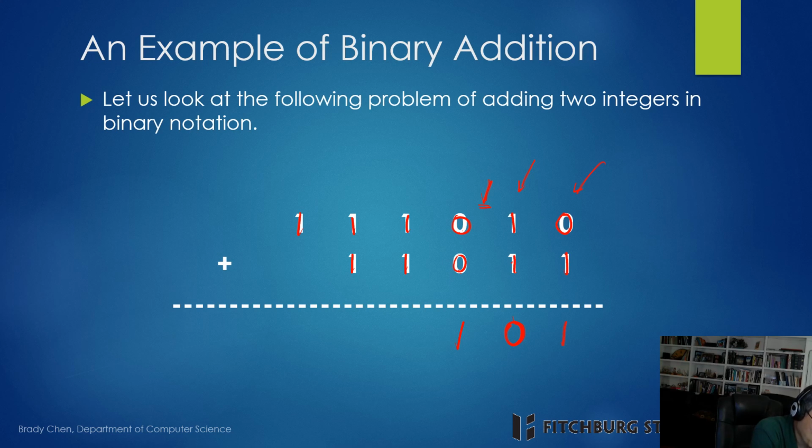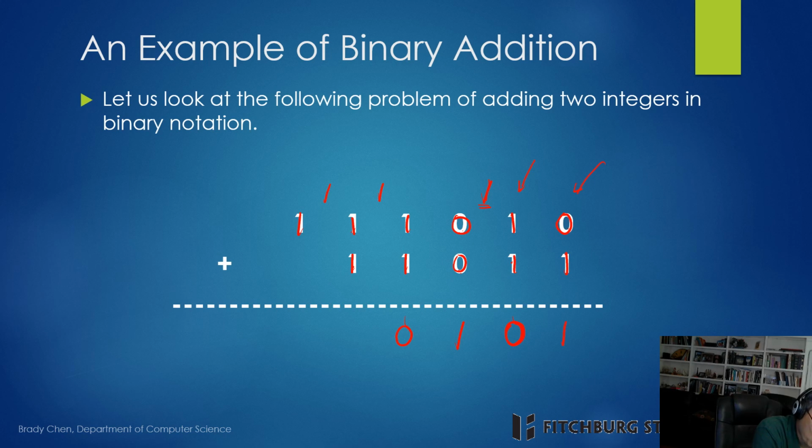Then the next one is the 8th position. You got 1 plus 1, so you got a 0, and you carry 1 to the next position. Next is the 16th position. You got 1 plus 1, so that's 0, and you carry 1 to the next position.